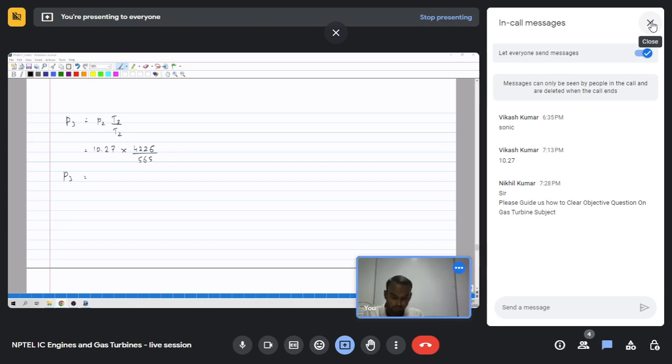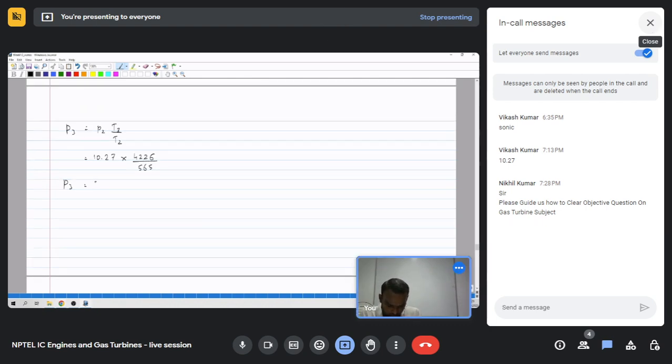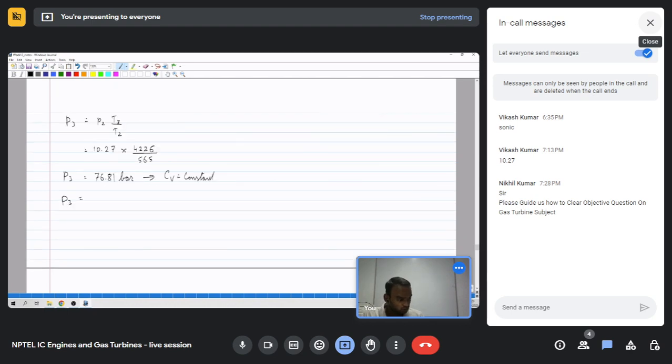Yeah, 76.81 bar, when we assume CV is equal to constant, and we got P3 value as 61.35 bar when CV is some variable, function of temperature.